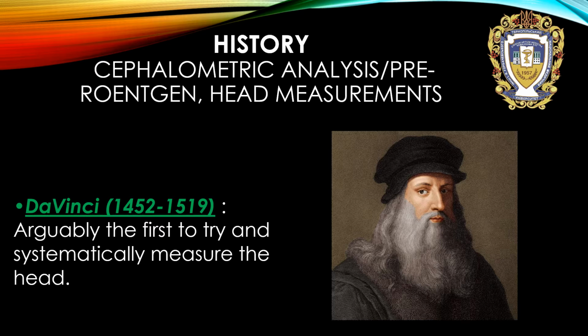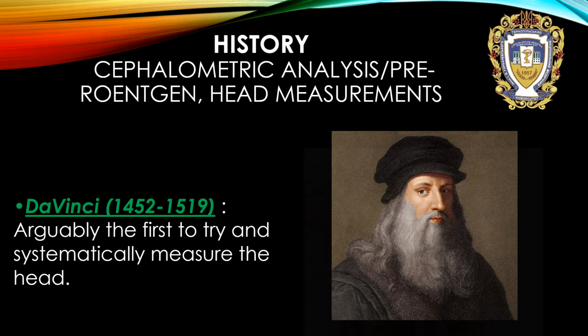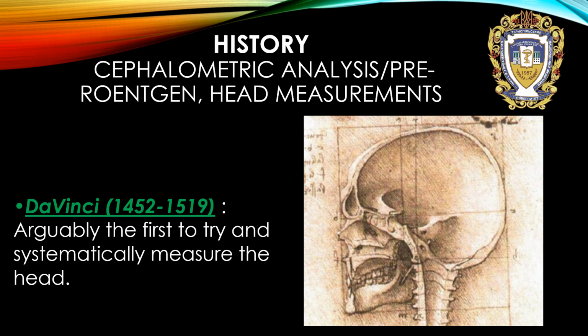You know this man too. It is Leonardo da Vinci, arguably the first to try and systematically measure the head. It is part of his scientific work, where he described and measured and tried to find proportions of the human cranium.